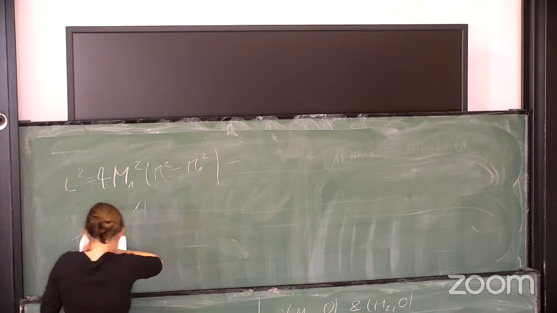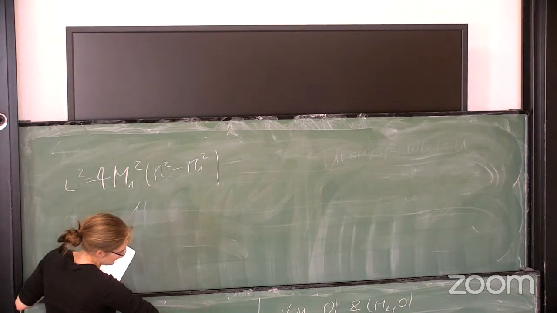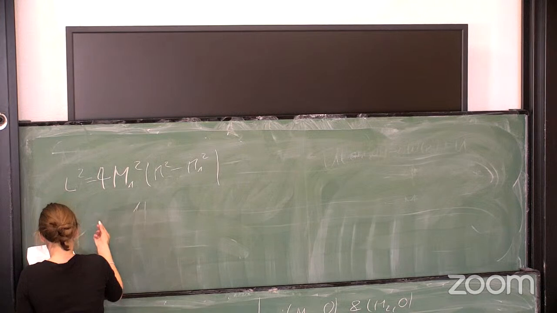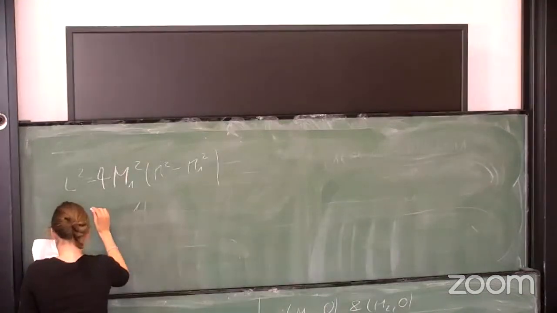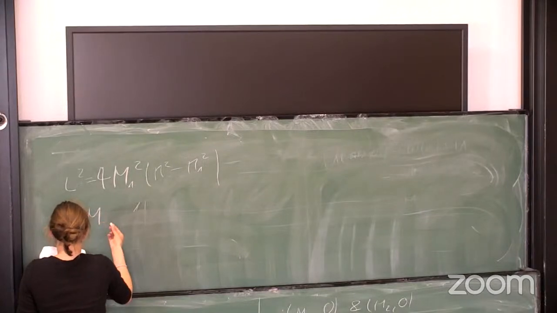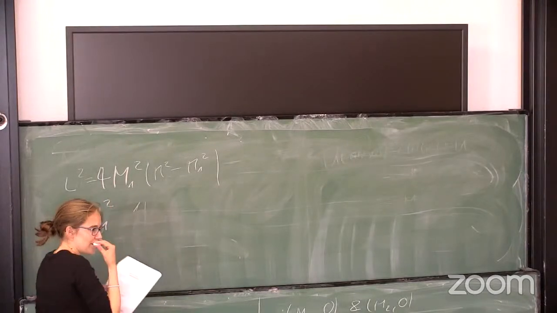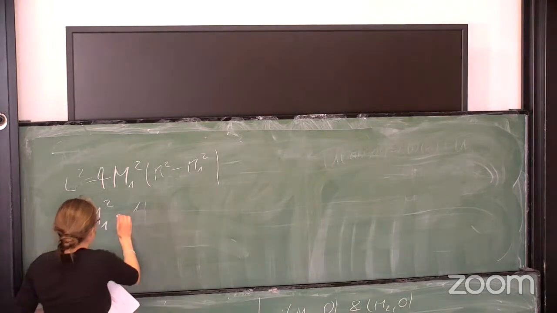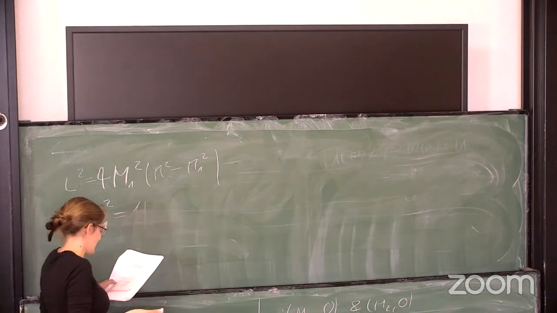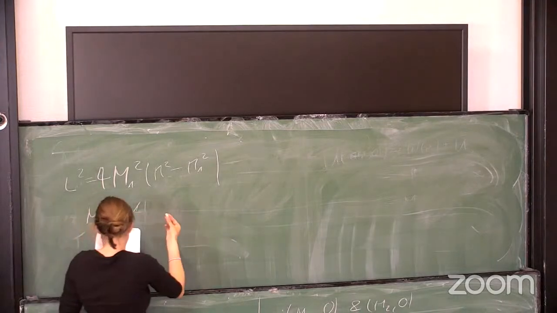We plug this into this equation and solve for M1. The reason I solve for M1 is because we'll find this expression later, and it will be useful once we have calculated the integral to simplify the result.